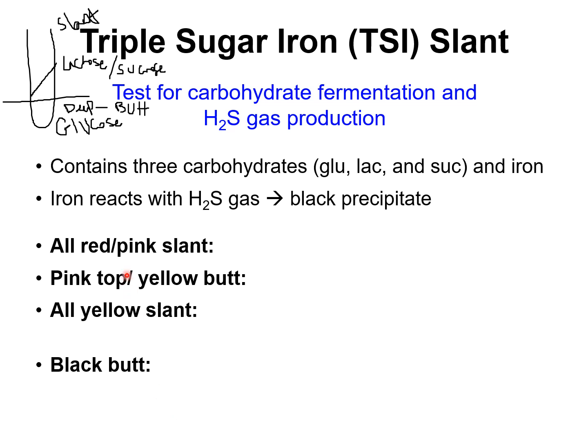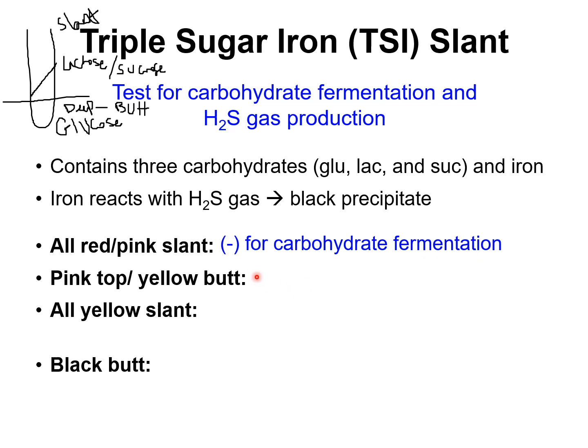So if the slant and the butt are red pink, that means none of the carbohydrates were fermented. This bacteria did not ferment glucose, and it was not able to ferment lactose or sucrose. It didn't ferment any of the sugars, so the whole entire thing is going to be red or pink.